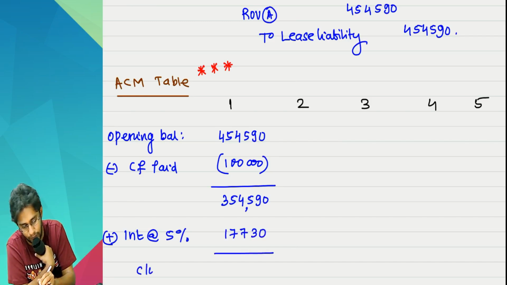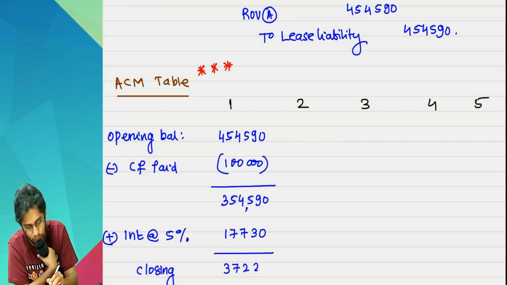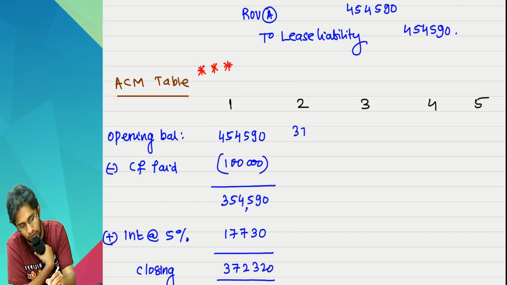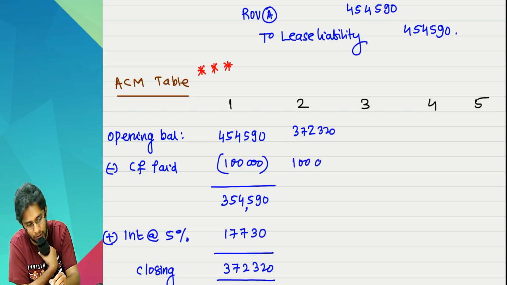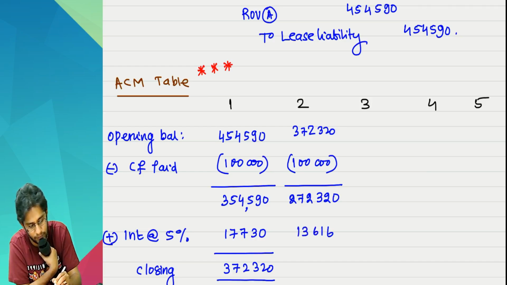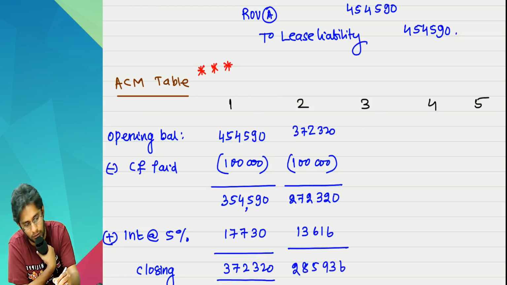Closing balance 372,320 for the first year. Again you will pay another 1 lakh, leaving 272,320. Interest 13,613, giving 285,936.